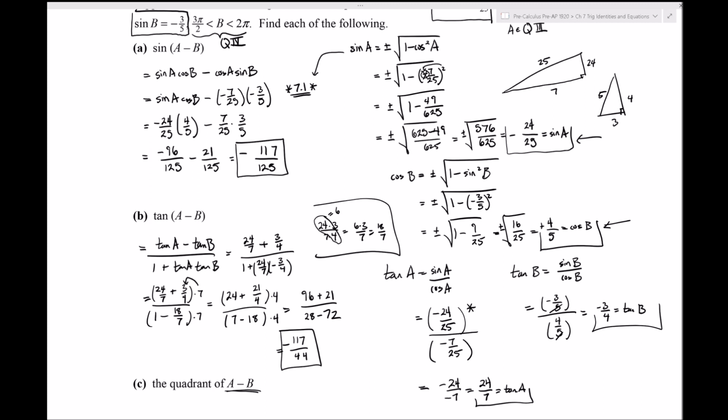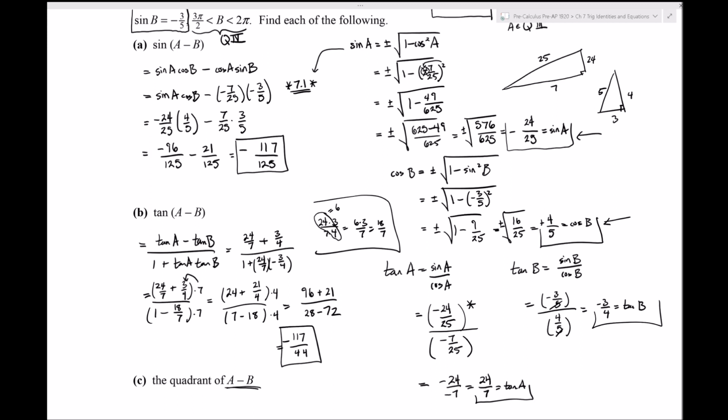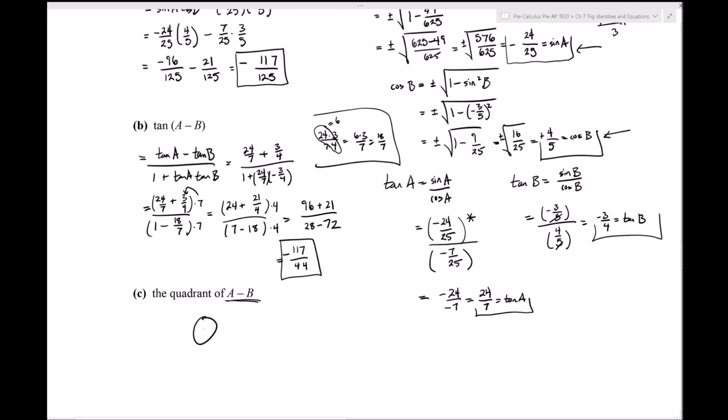Sine is negative in both the third and the fourth quadrants. But of those two, tangent is only negative in the fourth. So we're saying that this angle is in quadrant 4. That's because sine of a minus b is negative, and tangent of a minus b is also negative.